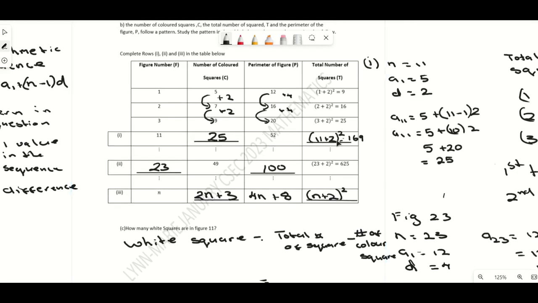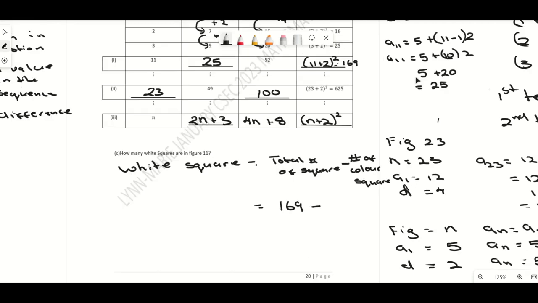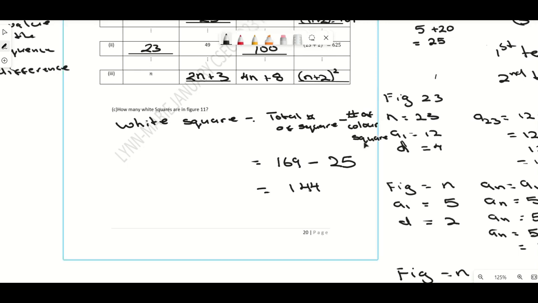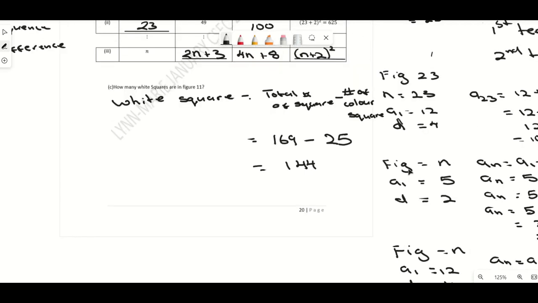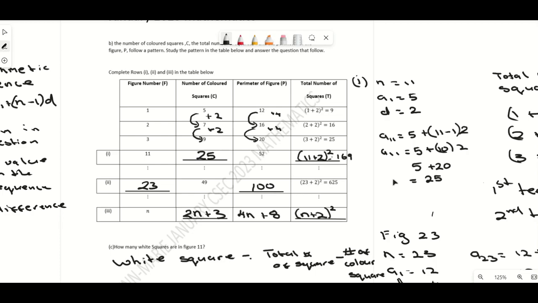Figure 11 was 169, right? 169 minus the total number of colored squares, which was 25. So 169 minus 25: 9 minus 5 is 4, 6 minus 2 is 4, so the number of white squares would be 144. Yes, this would be your answer for number 7, the entire thing.